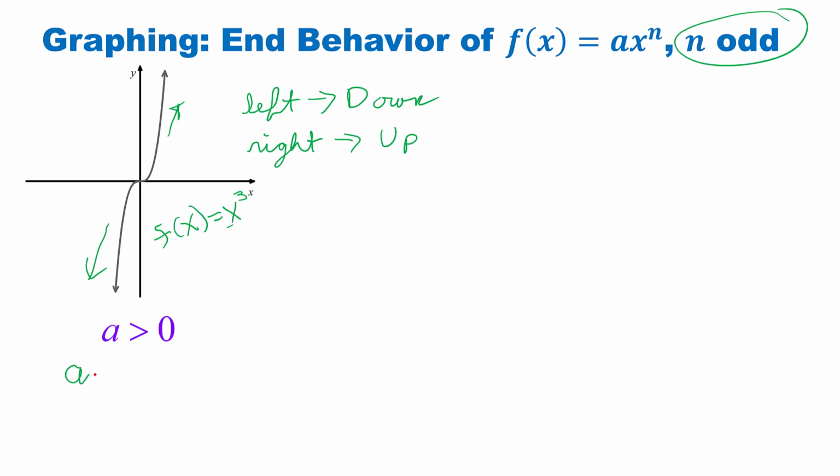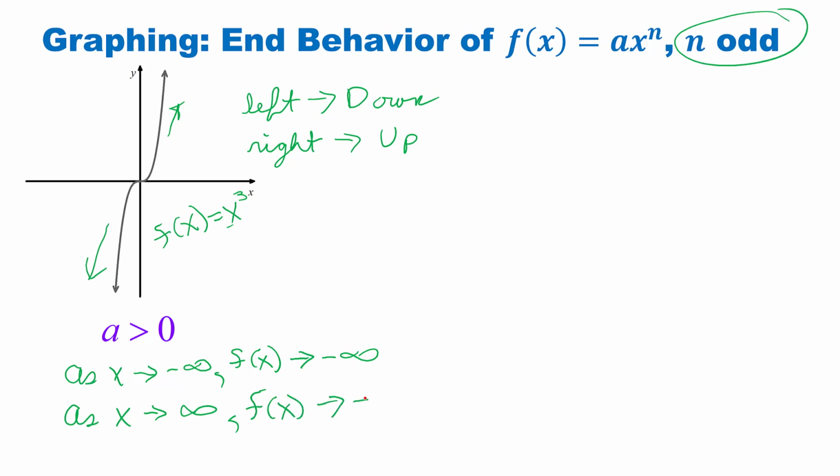Or as x approaches negative infinity, f of x approaches negative infinity, and as x approaches positive infinity, or goes to the right, f of x approaches positive infinity.